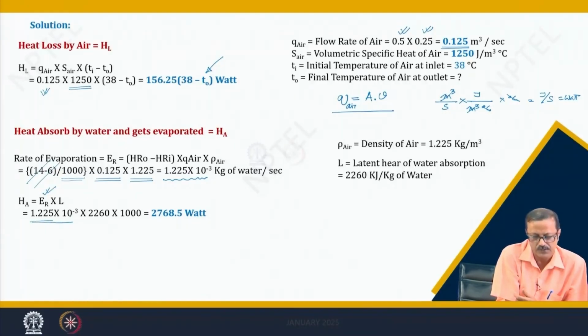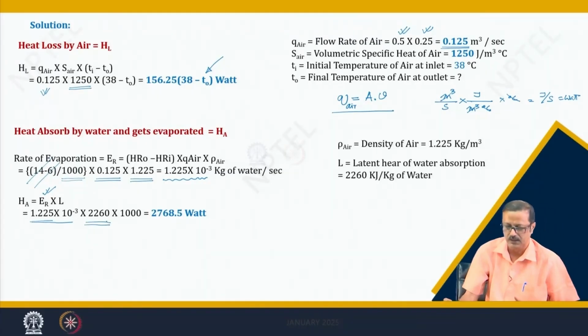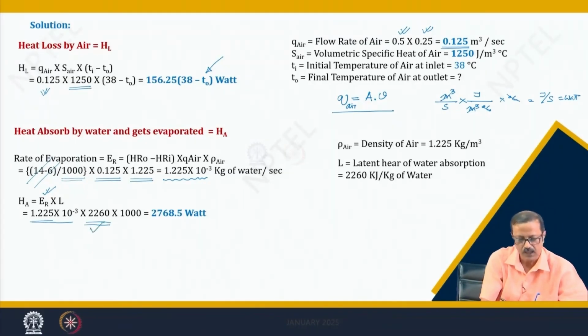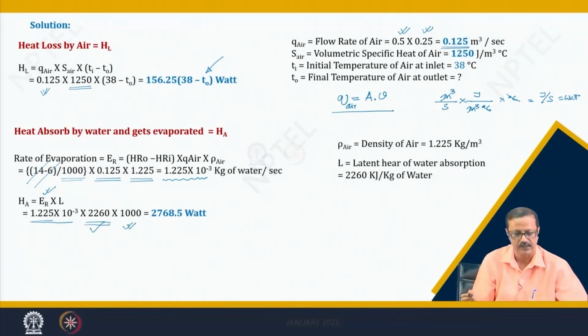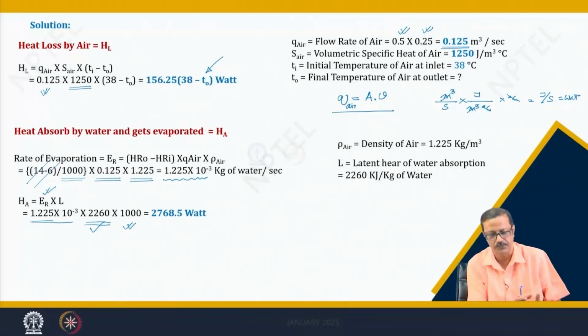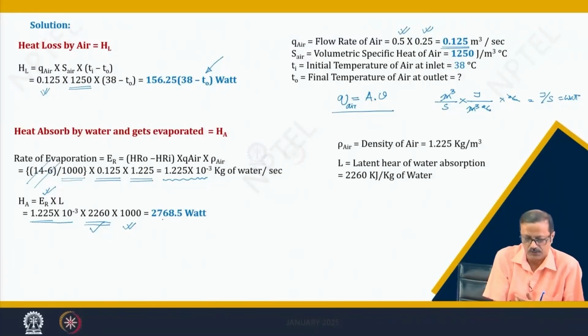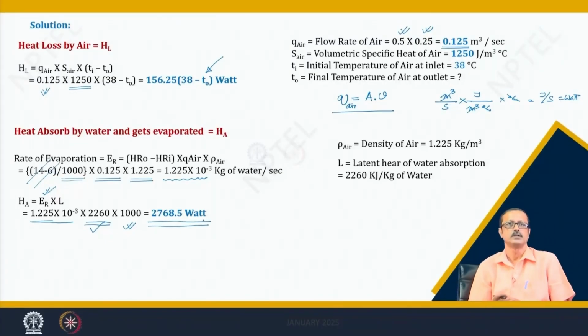So, 1.225 into 10 to the power minus 3 multiplied by 2260, the latent heat, and the 1000 is to convert kilojoule to joule. So, that is the total amount of heat absorbed by the air by virtue of the evaporative cooling.